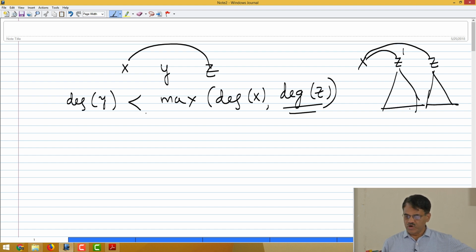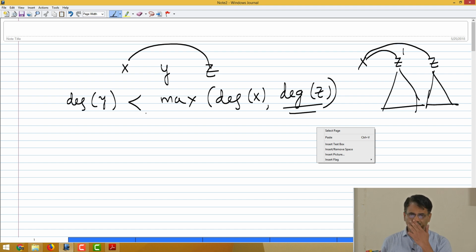I want to prove two things: that this new graph has more edges, and that it does not have a complete graph on m plus 1 vertices. It has more edges is clear, because the degree of z is strictly more than the degree of y. I removed y and added a higher degree vertex, adding more edges.